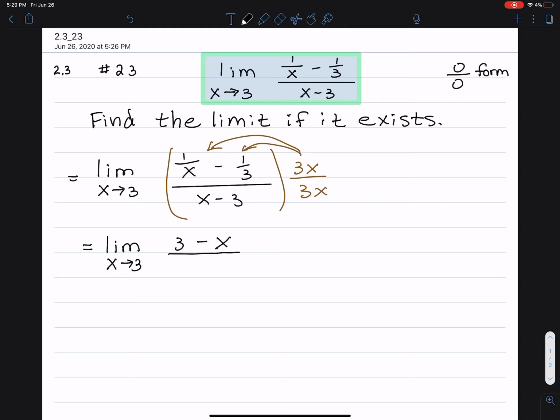We're making a lot of progress because now we do not have any fractional expressions within our fraction. It's no longer a complex fraction.